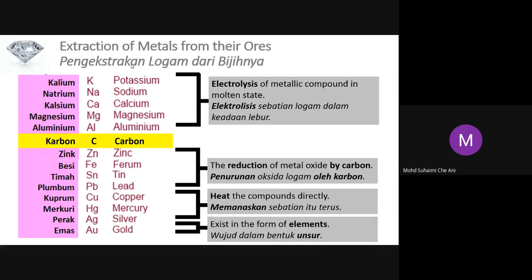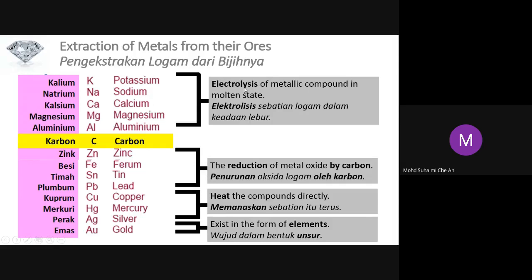For potassium, sodium, calcium, magnesium, and aluminium, they are above carbon in the reactivity series, so we cannot use carbon to extract them. There are other methods to extract them, by using the electrolysis of the metallic compound in a molten state. Electrolysis: electro means electric, lysis means break.